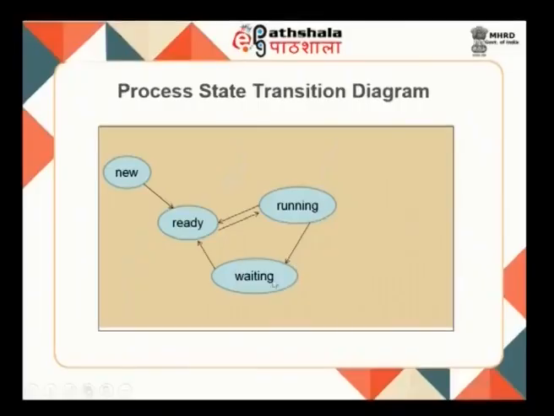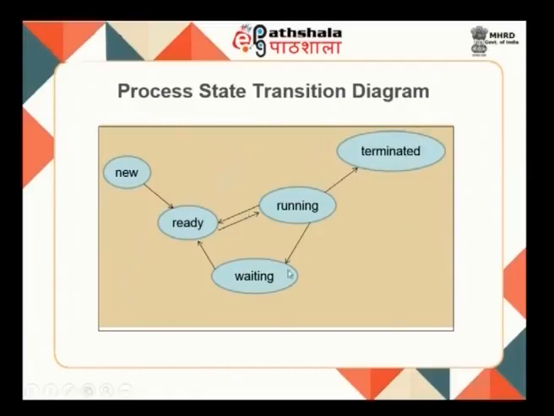And this process can move back and forth between running state, waiting state, ready state and so on during its lifetime, and once it finishes all its instructions, the process is terminated and it moves to the terminated state.